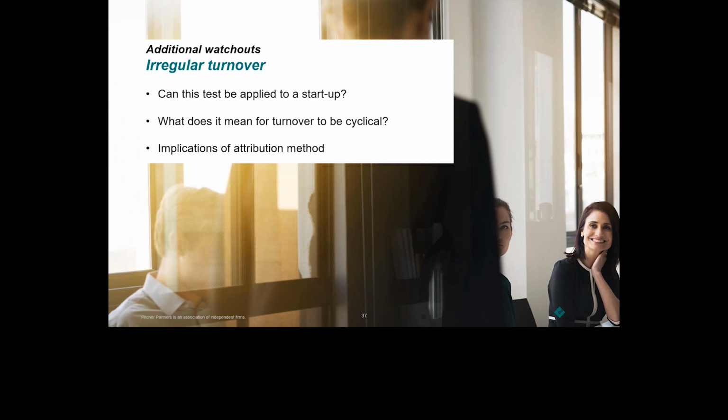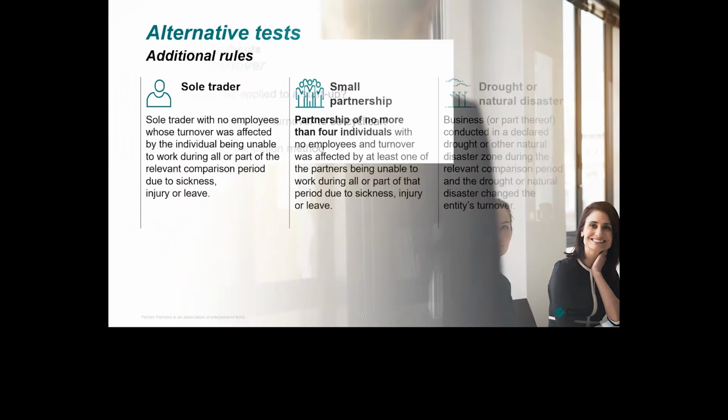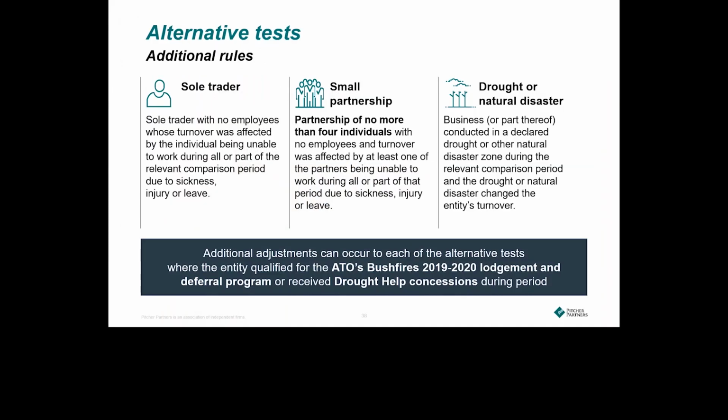So look, it might not be within the spirit of the rule, so just be careful when you're dealing with circumstances like that. But ultimately, because you can chop and change which test you're using for the first and second extensions, we could get into some sort of favorable outcomes. So that's all I wanted to say on irregular turnover.